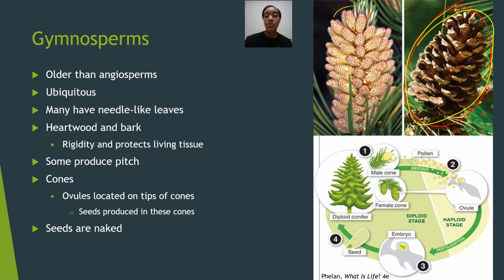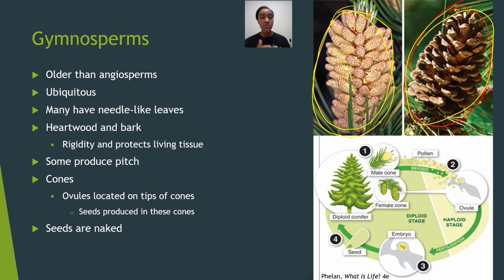The male cone is actually this guy, and those are what produce the sperm. So the eggs are located within the female cone, and the sperm are produced from the male cone. Most of the time, if you're looking at a cone on the ground, it's a female cone. The male cones are much smaller, and they can be found more in the trees, on the branches.